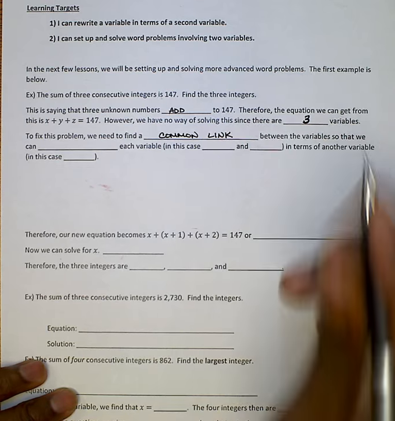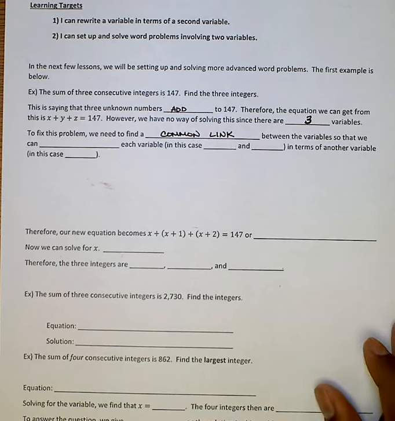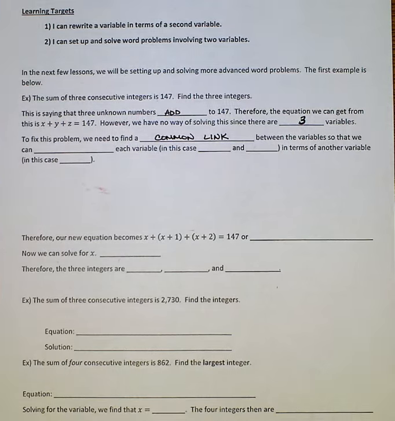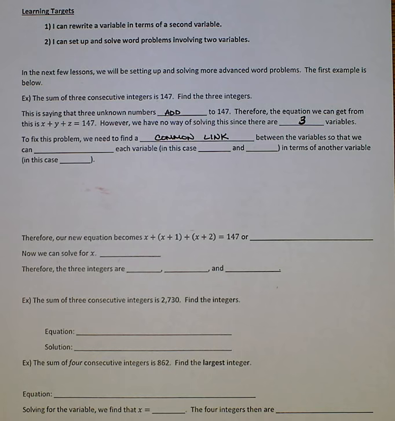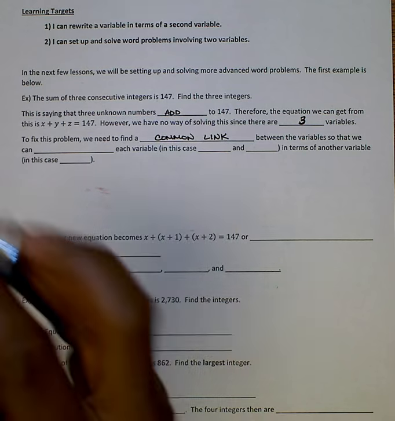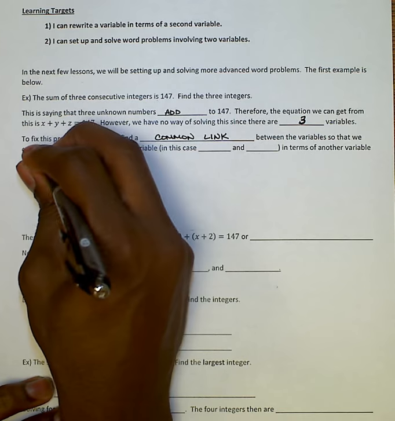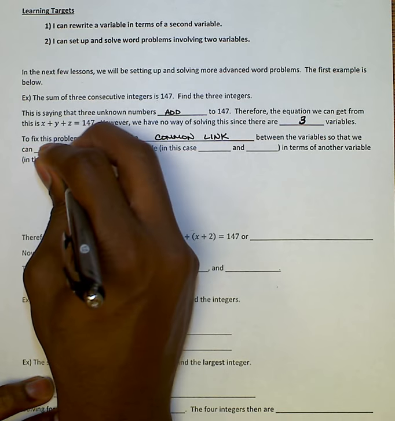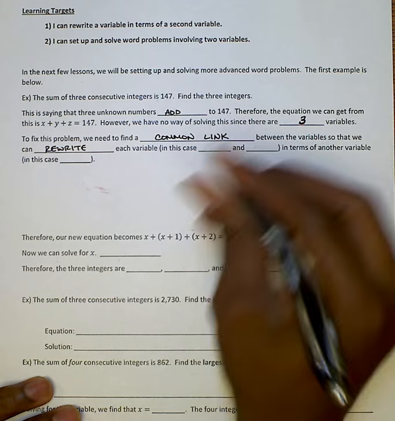Some kind of way that we can say, okay, this is how these numbers are related. That way we don't have to use x, y, and z. So we need to find a common link between the variables so that we can rewrite each variable. In this case, we'll say y and z.